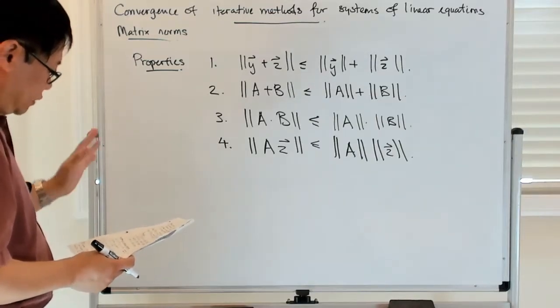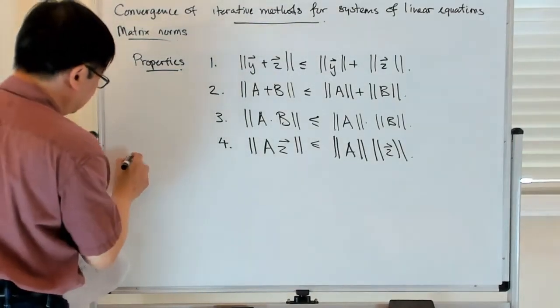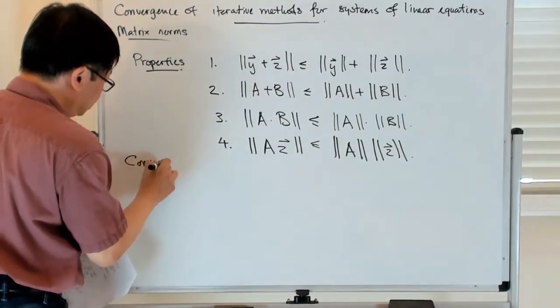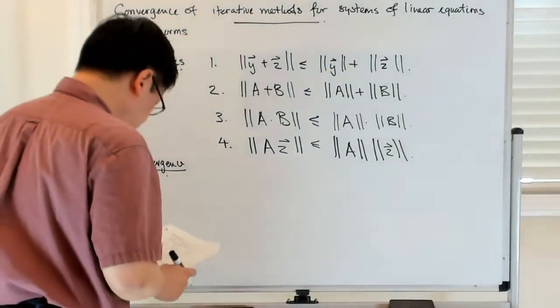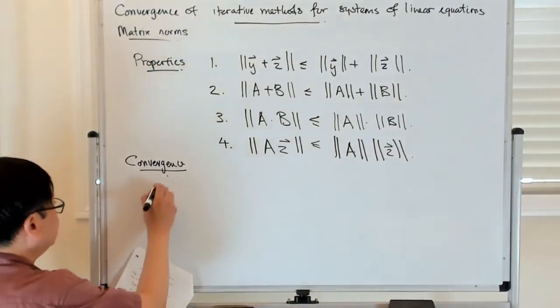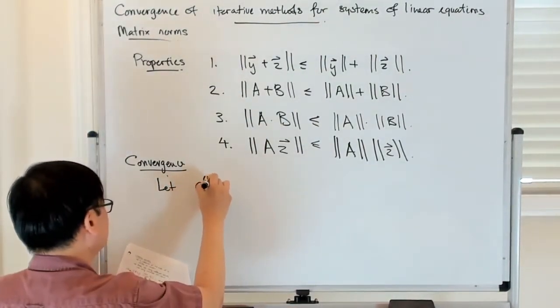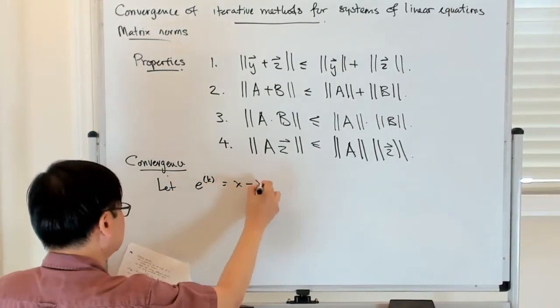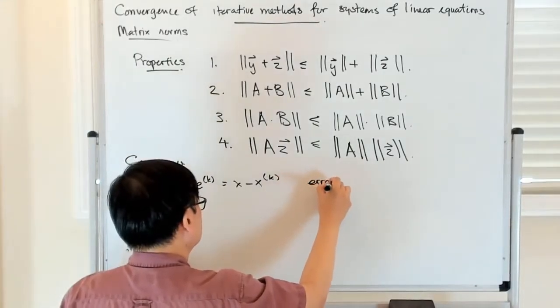And with that, we're now in a position to talk about convergence of the iterative method. So I'm going to define an error at the kth step as being x minus x_k.